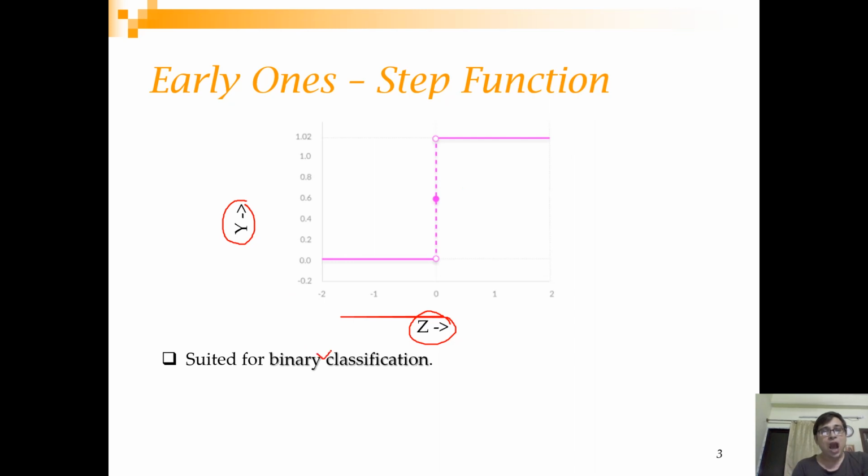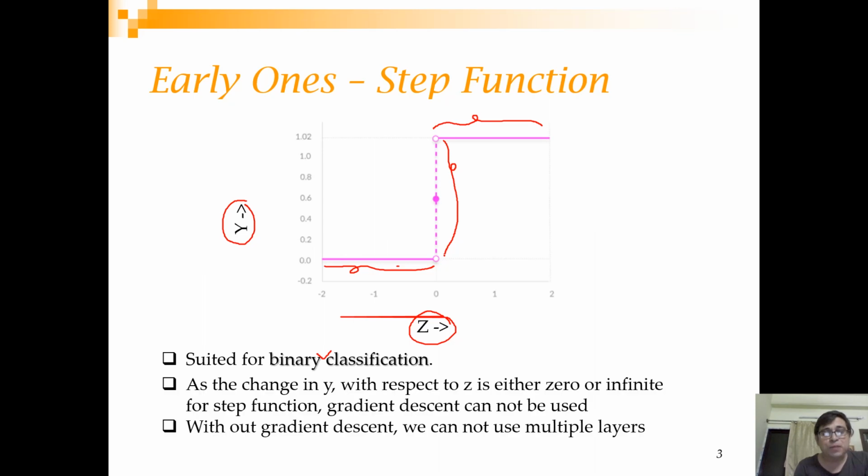However, you can also notice that the rate of change of y with respect to z is 0 in this region. There is no change actually. Similarly, there is no change over here, and the change is almost infinite at this value. So that brings us to a trouble.